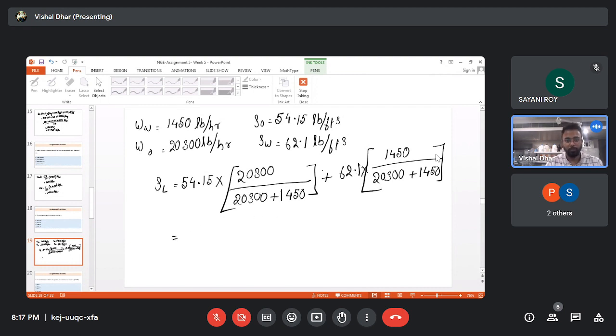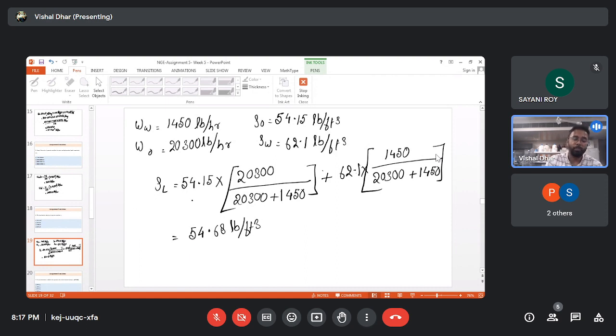So if we solve this, the answer should come out as 54.68 lb per feet cube.